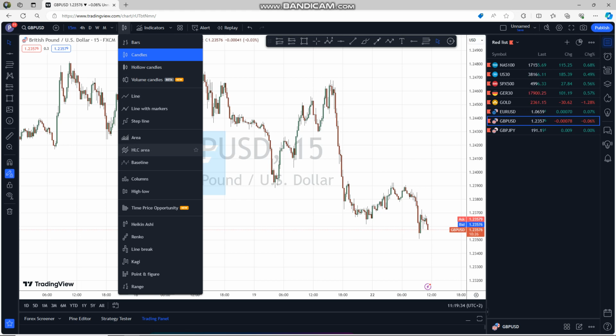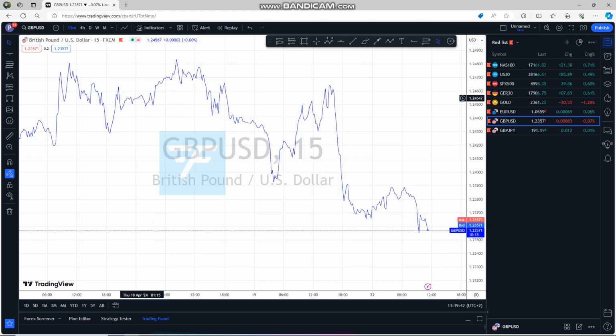Most of the time your chart will be in candlesticks, so now we are turning it into a line chart.